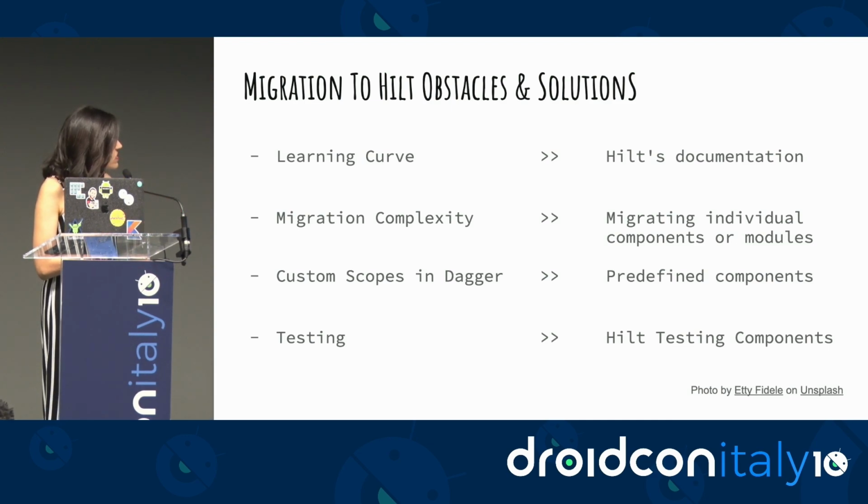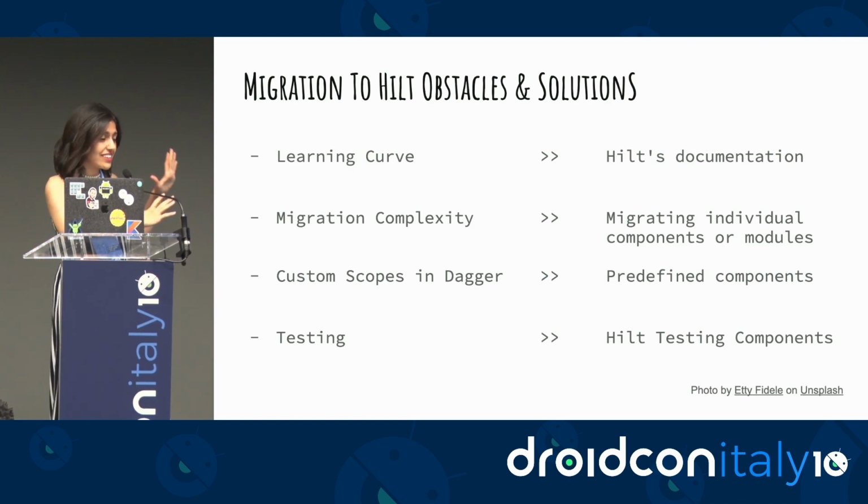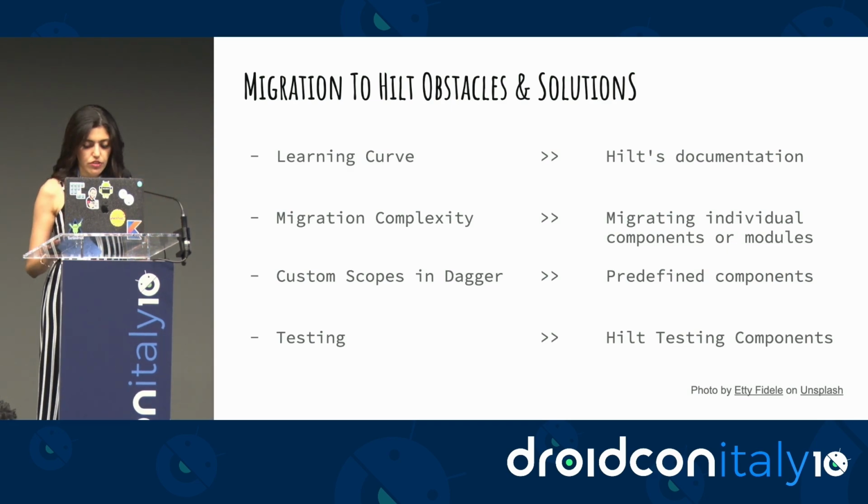And then the custom scopes in Dagger. If you have lots of custom scopes in Dagger, you will have to change and adjust them and maybe use the predefined components in Hilt, the ones we were talking about here.